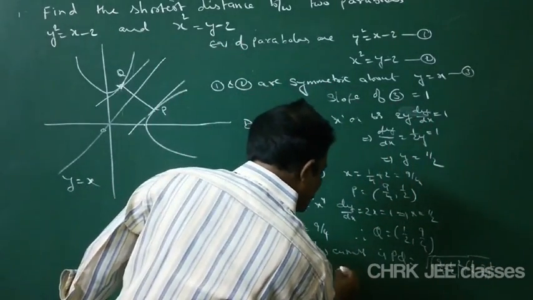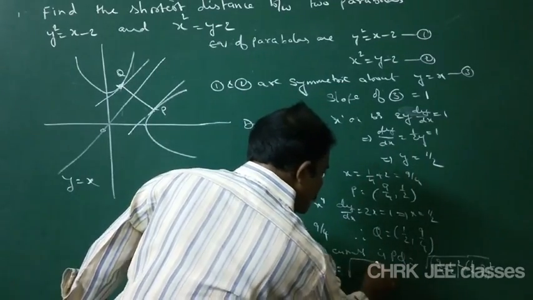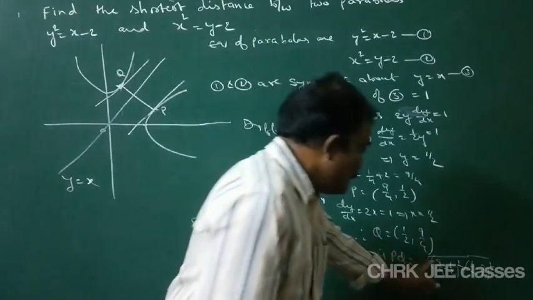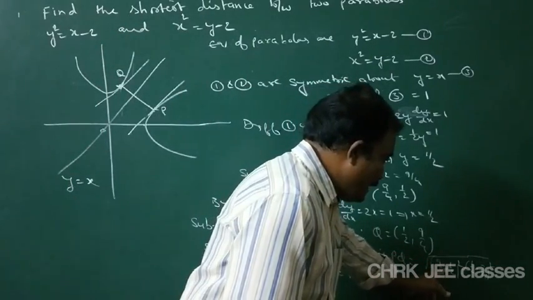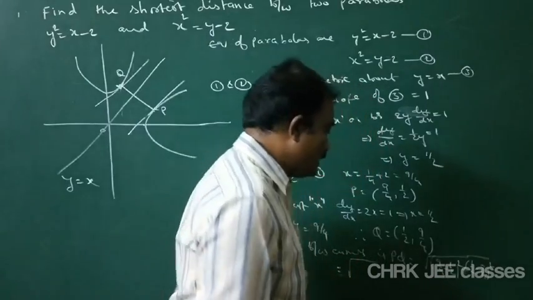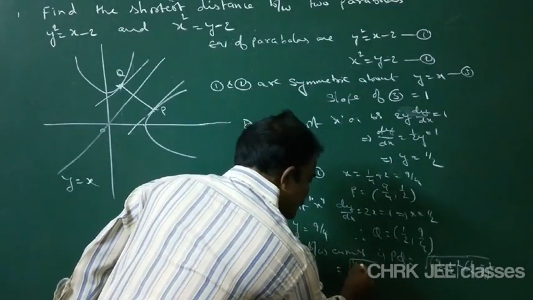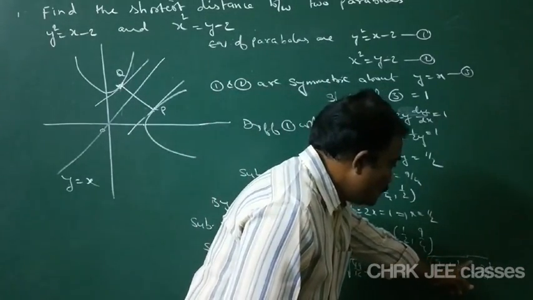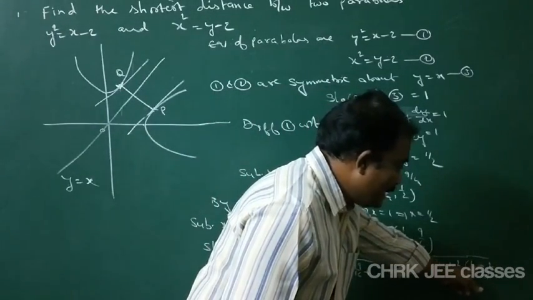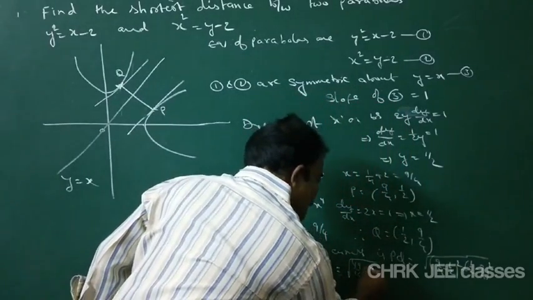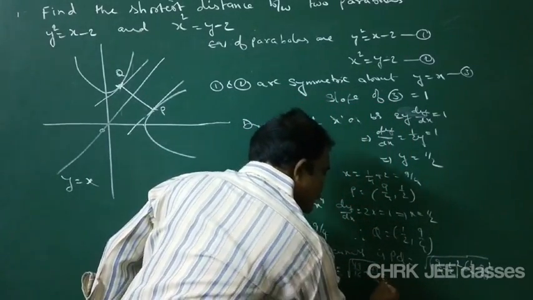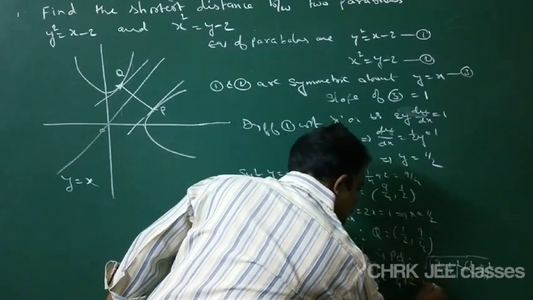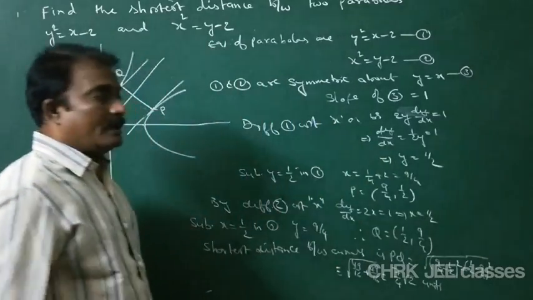Taking 4 as LCM, we get root over 7 by 4 whole square, 49 by 16, plus here also 49 by 16, that is equal to 7 by 4 root 2 units. Okay, did you understand this one?